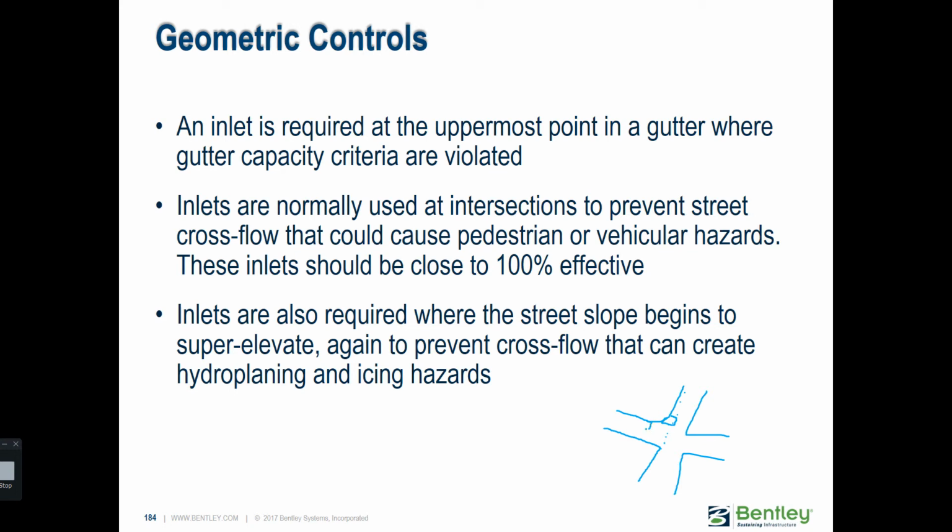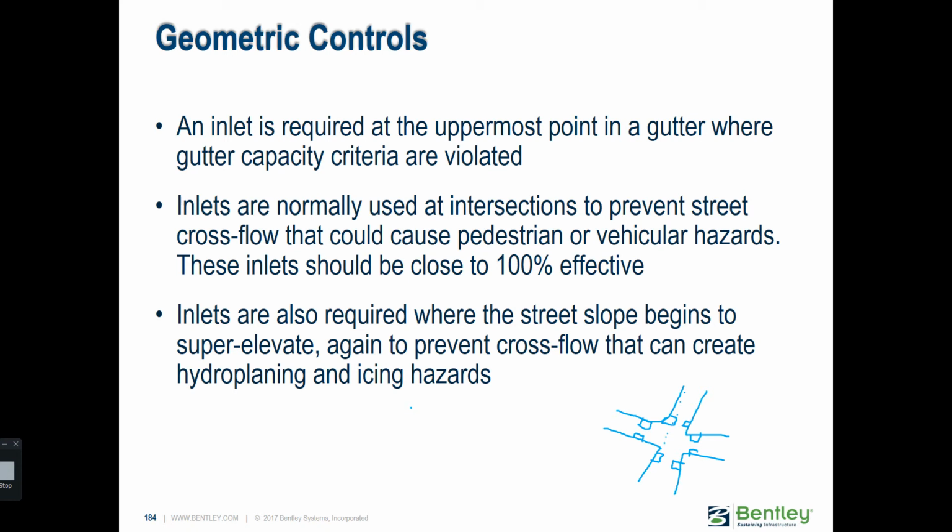Typically you would have one there, one here, another one here, and so on, to keep those intersections free of water. So at intersections, and if you have a change in the slope, then you also want to put an inlet in that location.